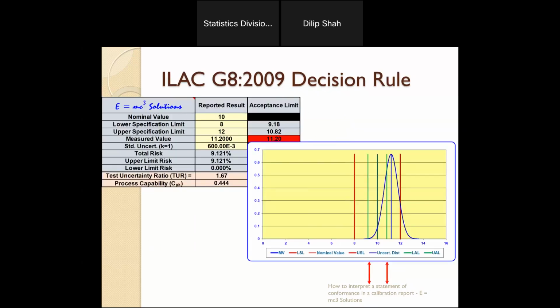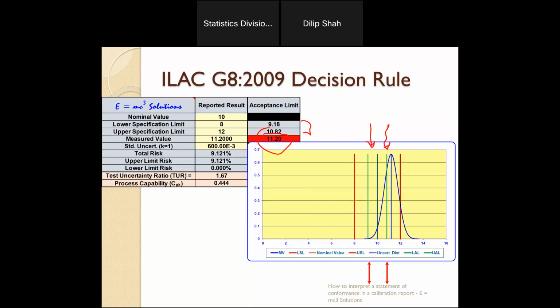But now I'm going to employ this same scenario, and you can see the acceptance limit with that measurement uncertainty has significantly narrowed, and with the 11.2 measurement, it is a fail when I've employed a decision rule.